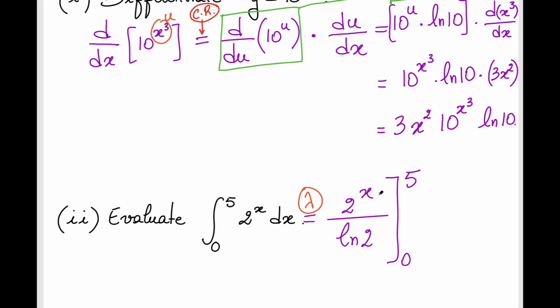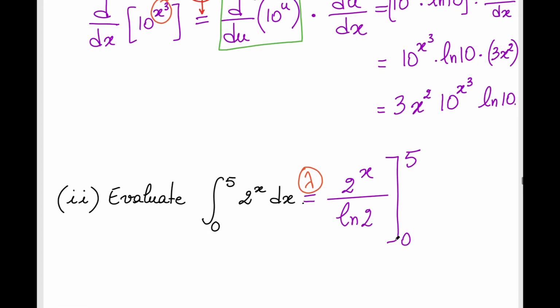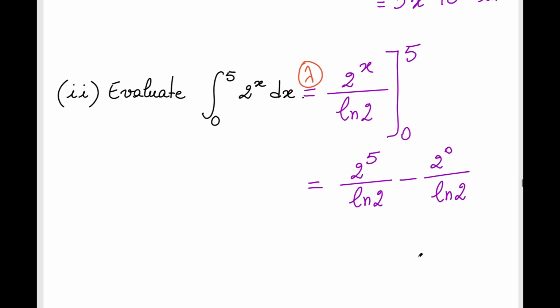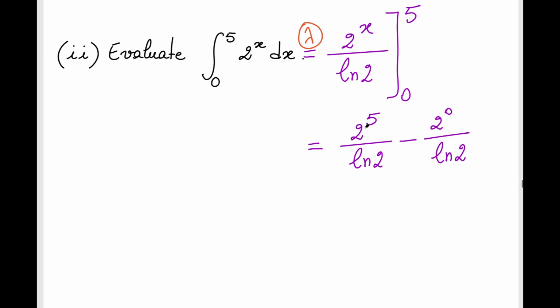Now I'm replacing x by 5 and subtracting the evaluation at 0. So at 5, this is 2 to the power 5 over ln of 2 minus 2 to the power 0 over ln of 2. 2 to the power 0 is 1, and 2 to the power 5 is 32. So 32 minus 1 over ln of 2, because it's the same denominator, I can put them under a common denominator, and this is 31 over ln of 2.